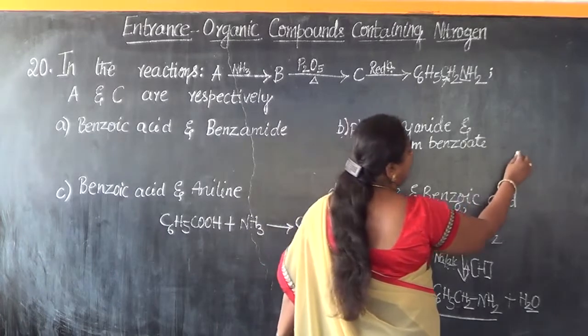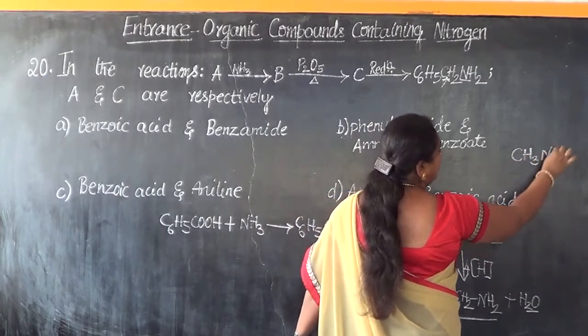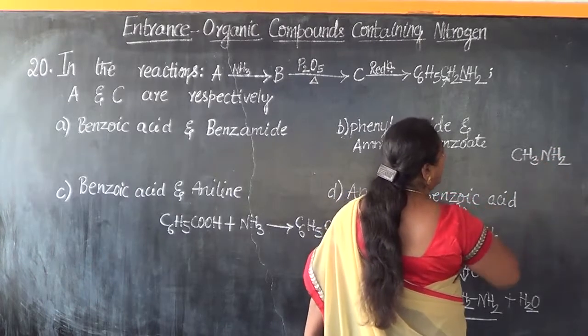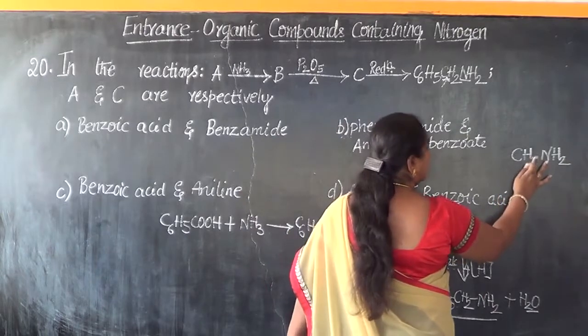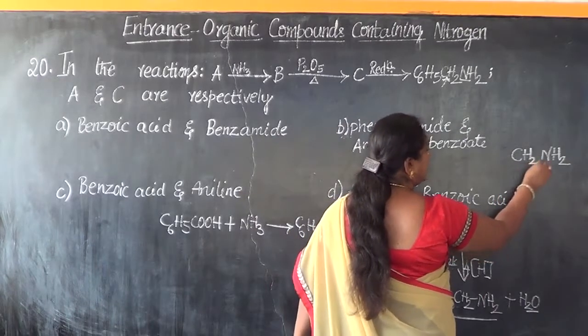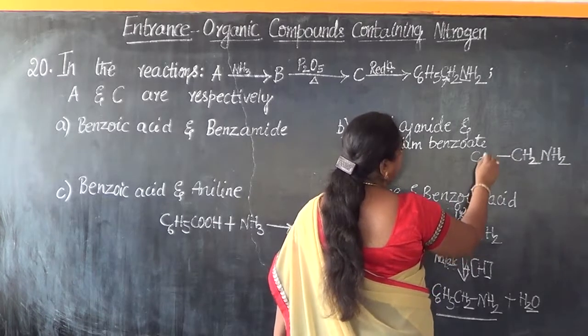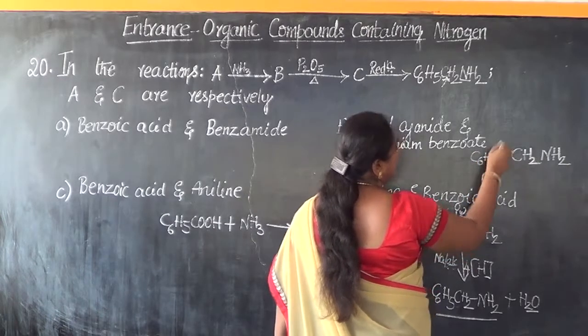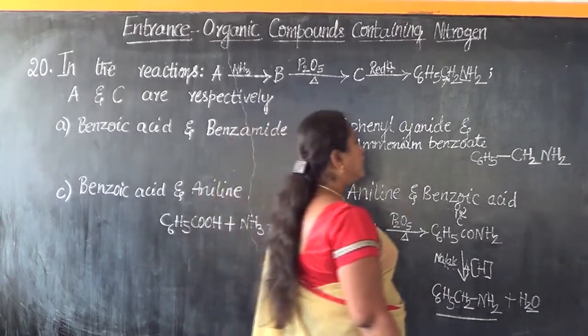For the sake of naming it, I am using this example. Methenamine. From methenamine, what has happened? It has lost 1 hydrogen. So therefore it has become CH2NH2. In the place of that, there is a linkage with C6H5. The carbon is linked.